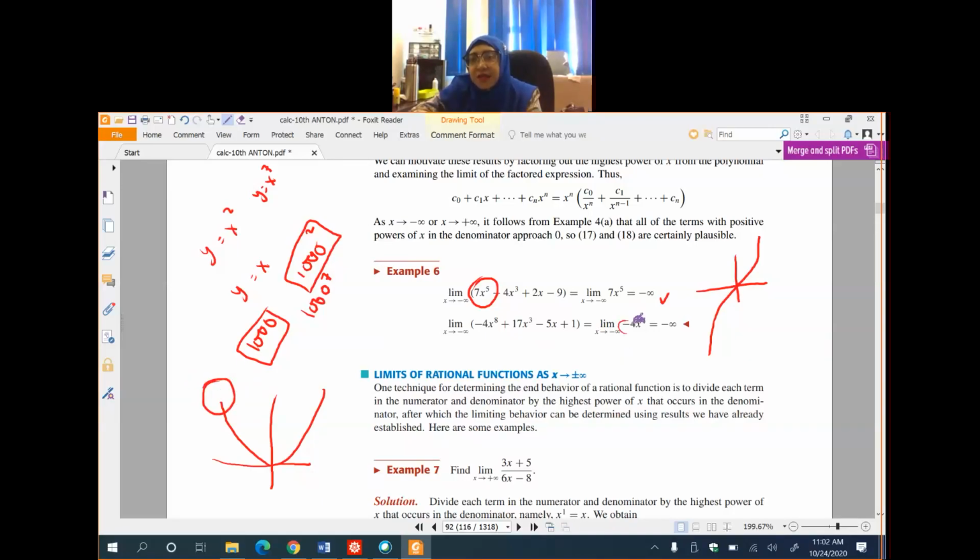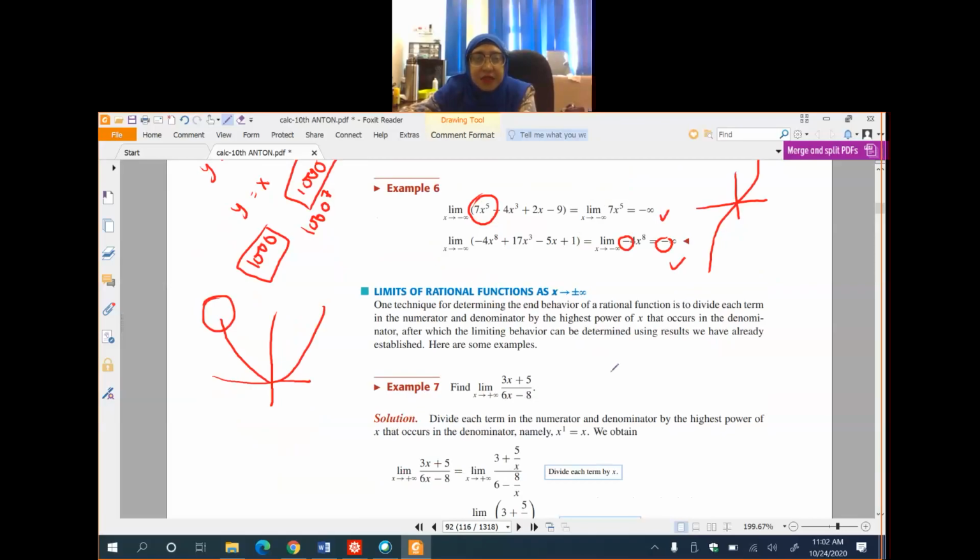But this negative sign will also contribute to the final solution. The original one will be plus infinity, but because of the sign, the final answer is negative infinity. So any question? Anyone? Okay, so I hope it is clear.